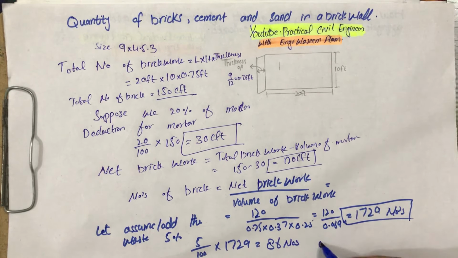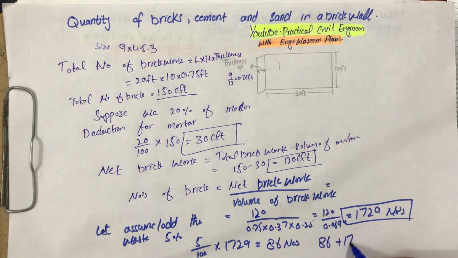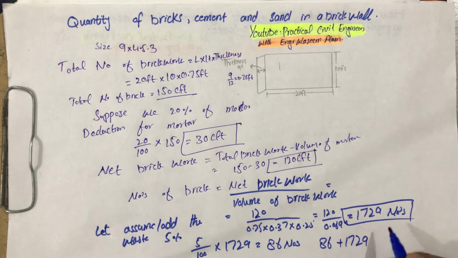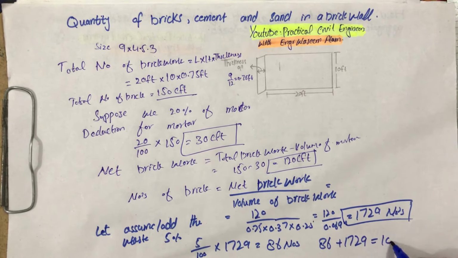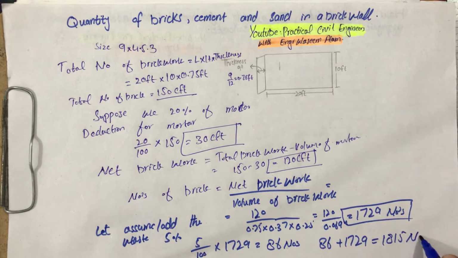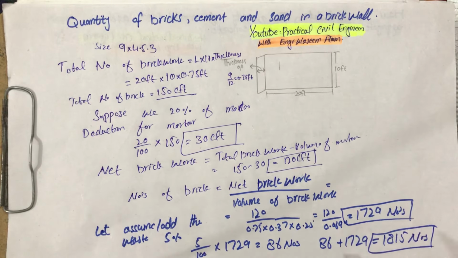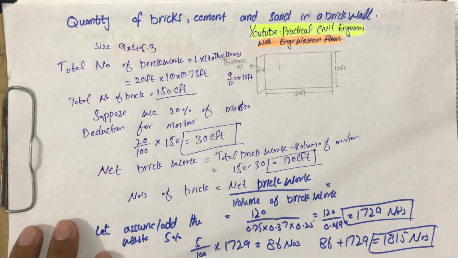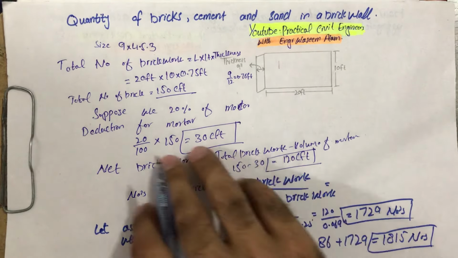So 86 plus 1729, so it will be 1815 numbers of bricks. The total brick will be 1815.